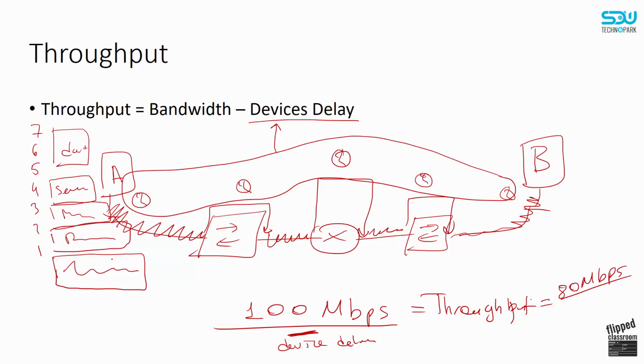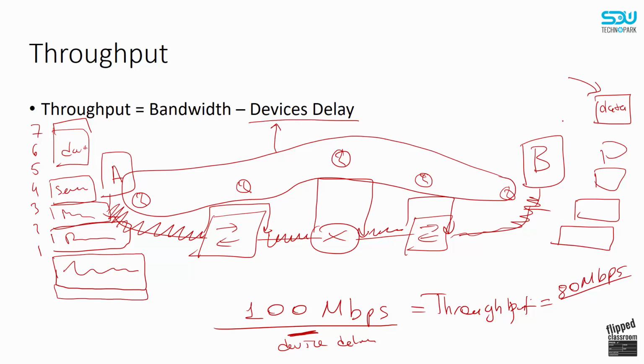So as a result, we are sending this value instead of this value, and when we receive this information, it will be decapsulated down to the PDU of the data. So we will receive this value, but we are sending this value. So this additional value is called the protocol overhead.